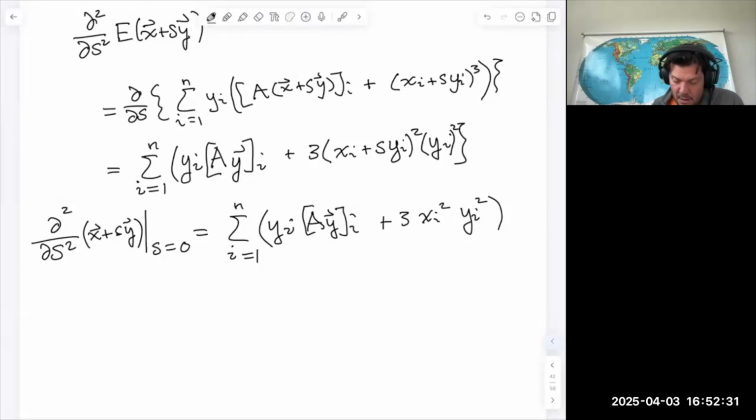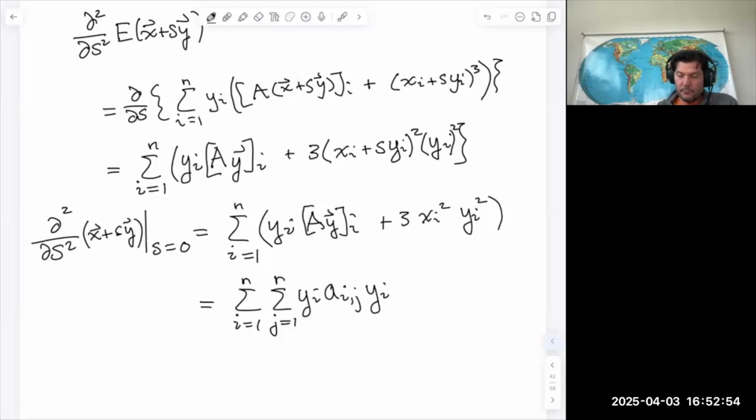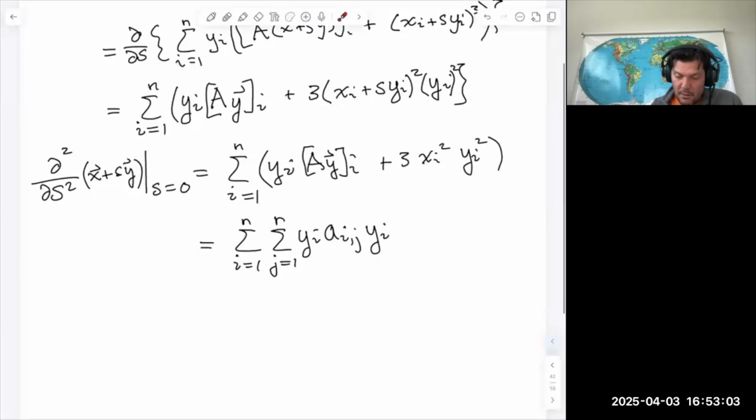Let's write this as a double sum: sum i equals 1 to n, sum j equals 1 to n of y_i a_ij y_j. So this is clearly bilinear, okay? And for fixed x, so is the next calculation as well.